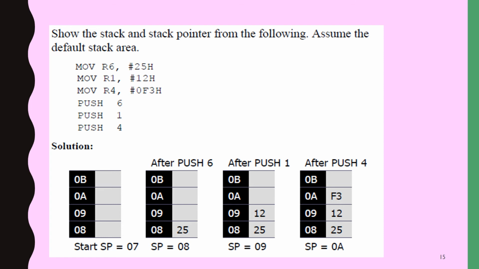Accordingly it will push that 12, then push R4. There it will push F3 at stack pointer 0A, as shown in the instruction. So push 6, push 1 and push 4 are going to push the respective data on the stack.